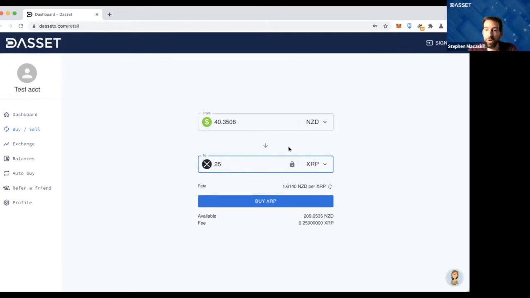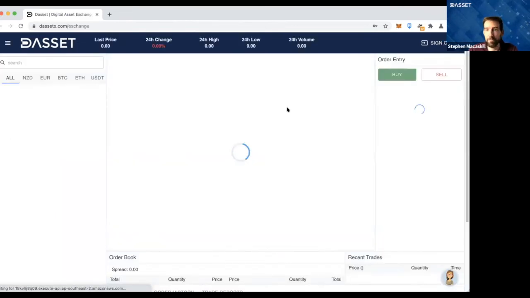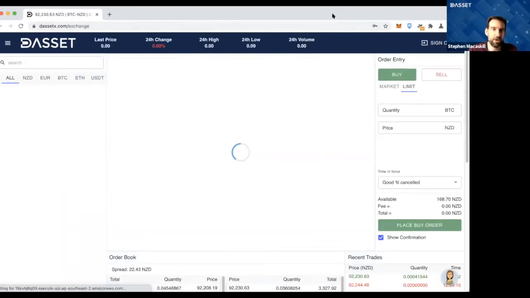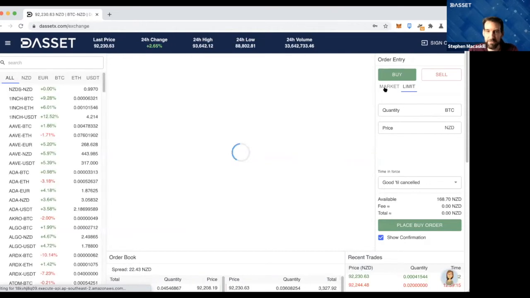It doesn't matter what the price is, as long as I have enough available in my balance, I will be guaranteed 25 XRP. You can also see the fee down here. That's really basic, but we're not here to do basic orders, so we're going to take it to the advanced orders.